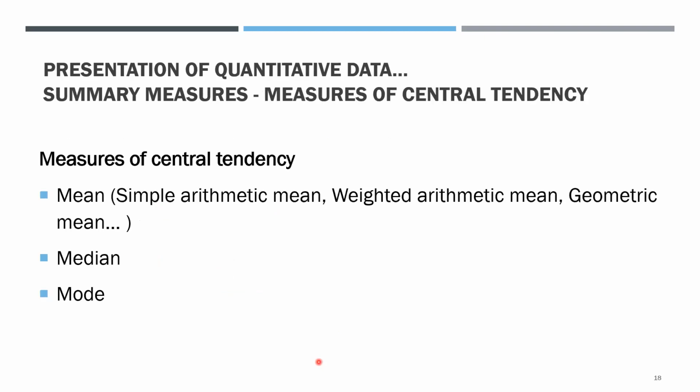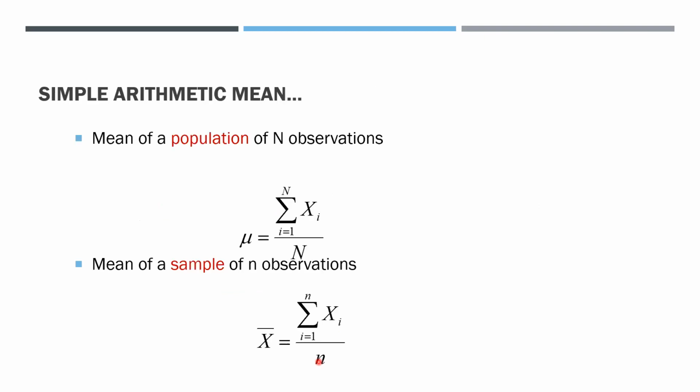Now let's discuss these measures of central tendency. Basically, we are discussing three measures of central tendency: mean, median, and mode, right? So let's see what is this mean, median, and mode. I think you already know about these things, right?